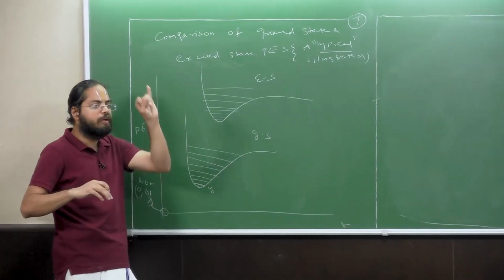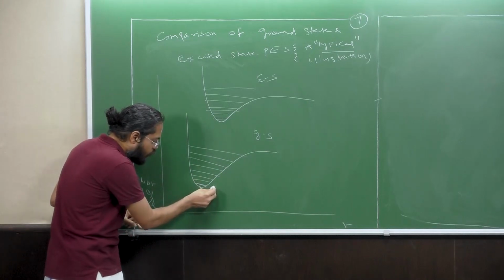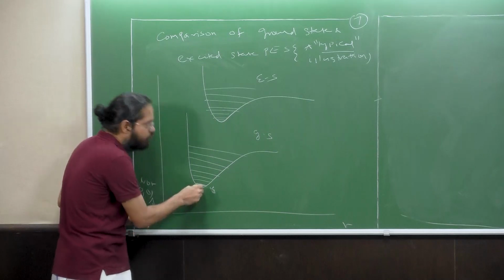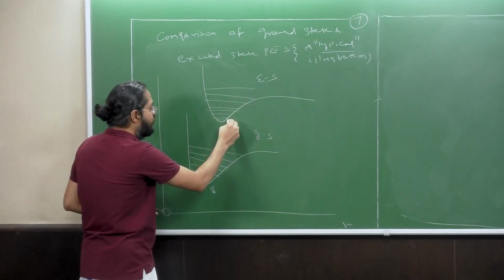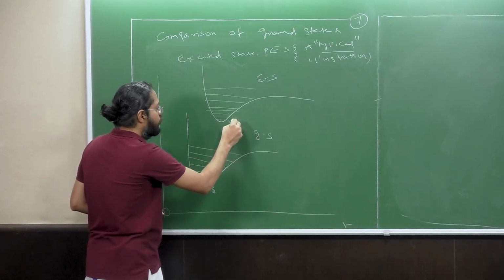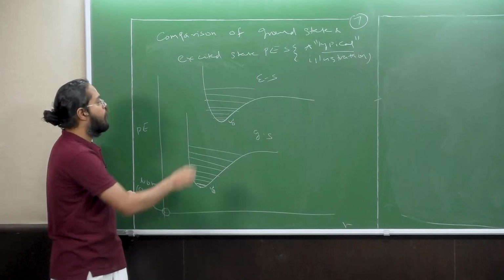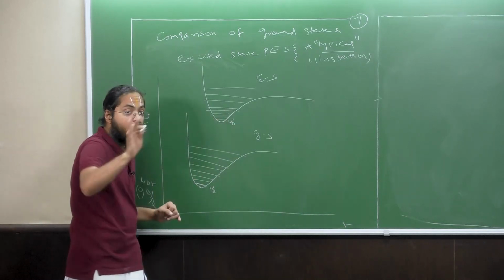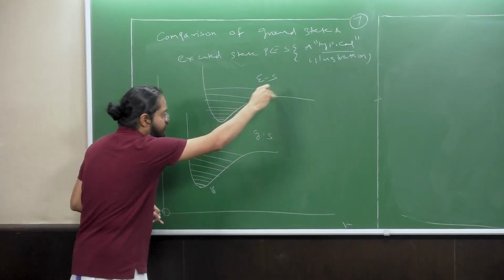So I have not told you the meaning of bound, and I've also not told you why the nu naught here is not at the bottom. Likewise here also, let's call it dash, to represent an excited state. So this is nu dash 0. In any case, the ground vibrational state does not correspond to the bottommost part of this curve.